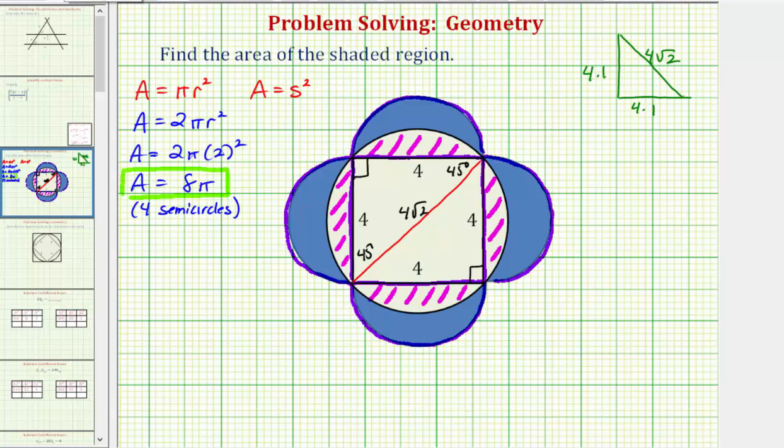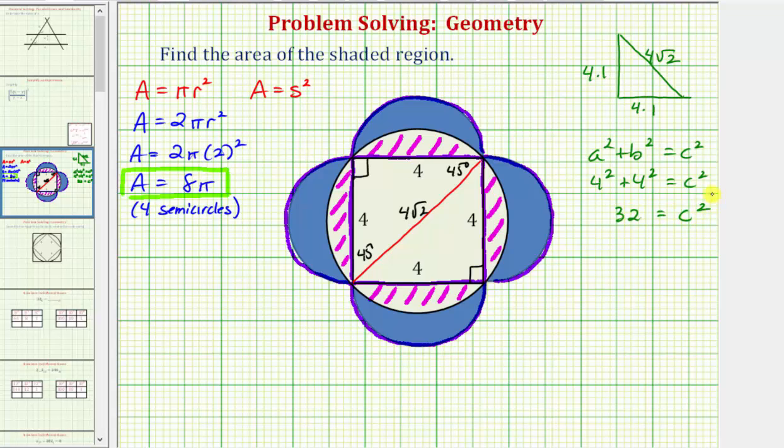Let's also show that. The Pythagorean Theorem states that for any right triangle, a squared plus b squared equals c squared, where a and b are the lengths of the 2 legs, and c is the length of the hypotenuse. So in this case, both a and b are 4, so we'd have 4 squared plus 4 squared equals c squared. 4 squared is equal to 16. 16 plus 16 is equal to 32.